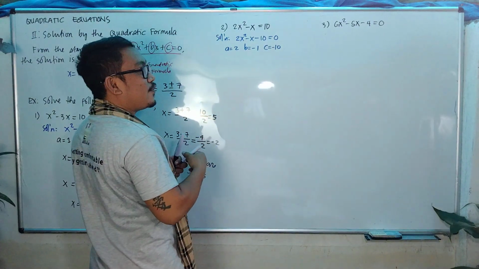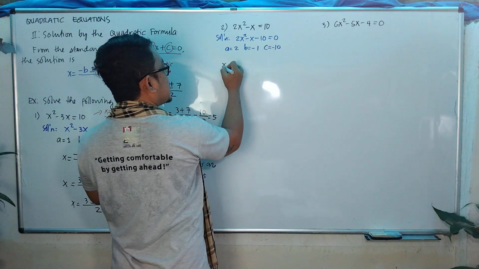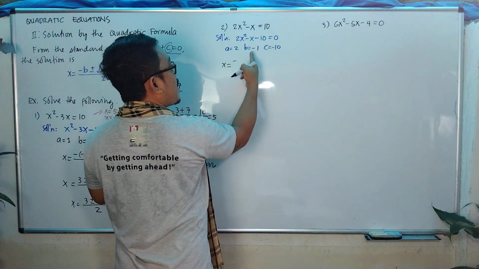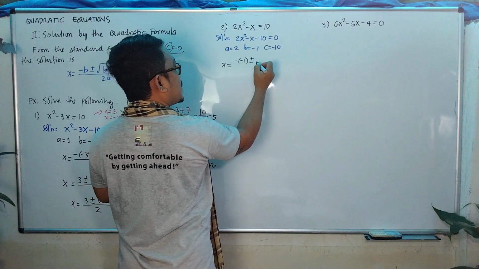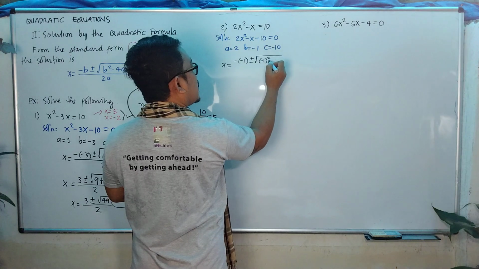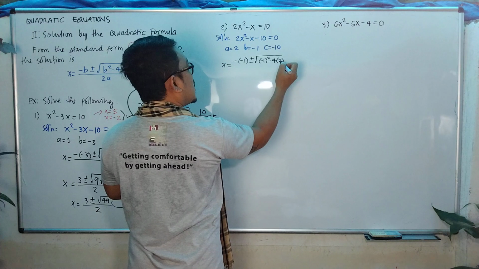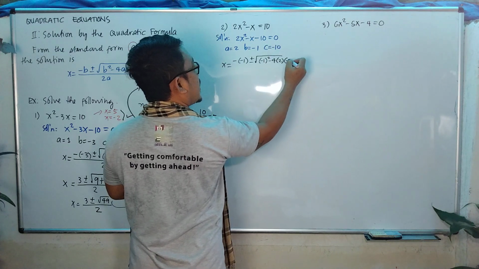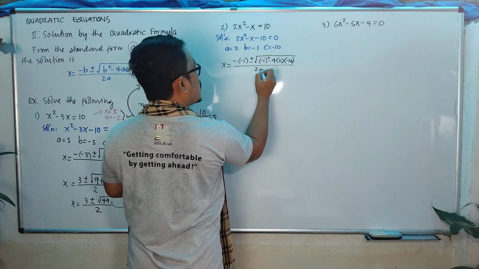Now, we use the quadratic formula. You have x is equal to negative B, our B is negative 1, plus minus square root of B squared, so negative 1 squared, minus 4, our A is 2, then our C is negative 10, over 2A.